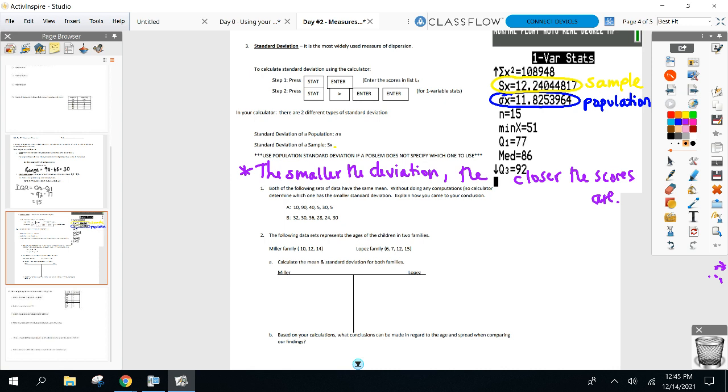Because standard deviation is the spread, all right? The spread of the numbers. So the smaller that number is, the closer the scores are. Whew. Questions?